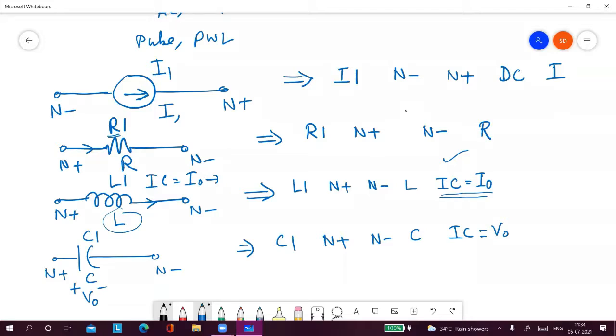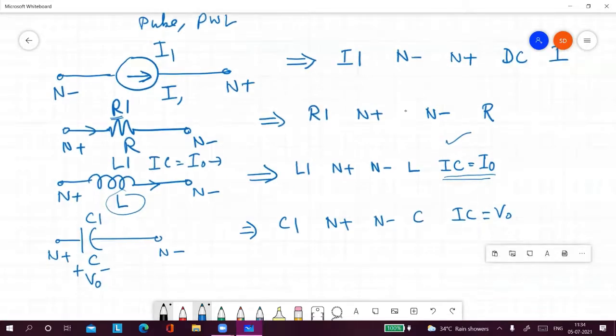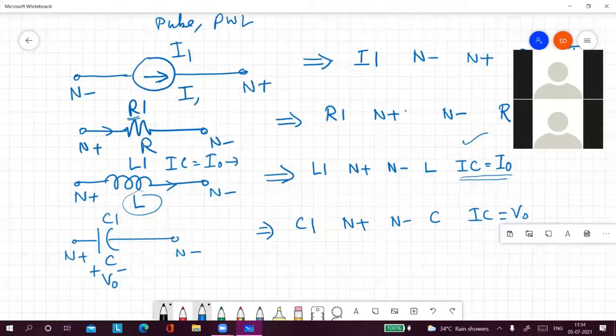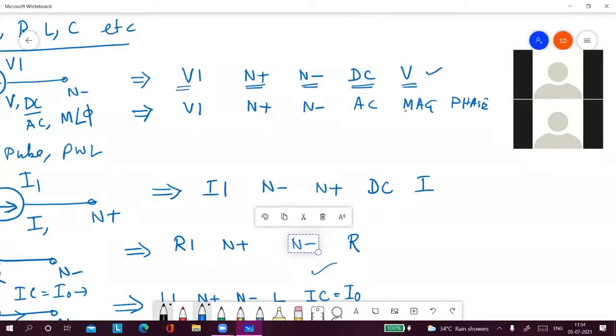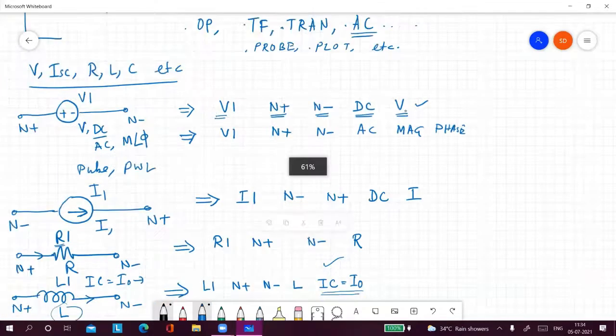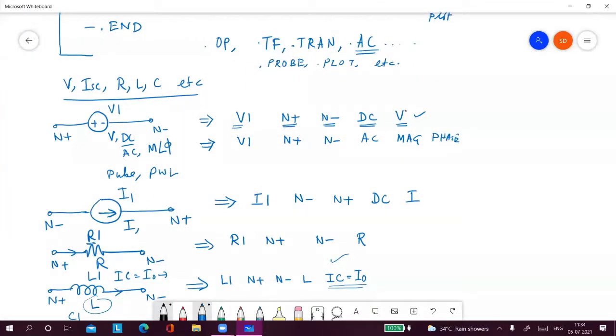Any doubt? So resistance, inductance, capacitance. And say here we have a current source. The current source may be AC also. In that case, we have to write the name, then n minus n plus, then the AC magnitude and phase.